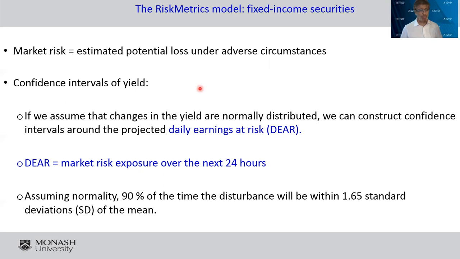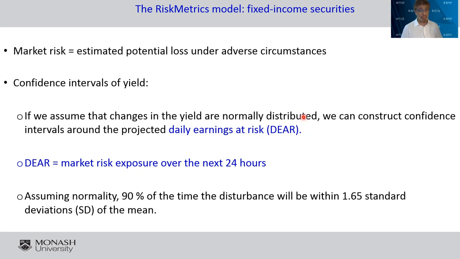Please follow with me, because if we understand that point, it's only the fixed income that is a little bit technical. So if we assume that the change in a yield is normally distributed, and this is one of the assumptions, that means the yield itself, which is the return, is normally distributed.